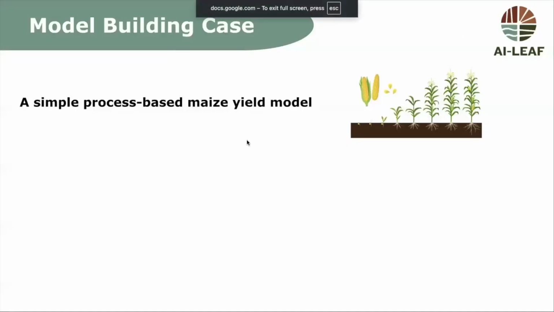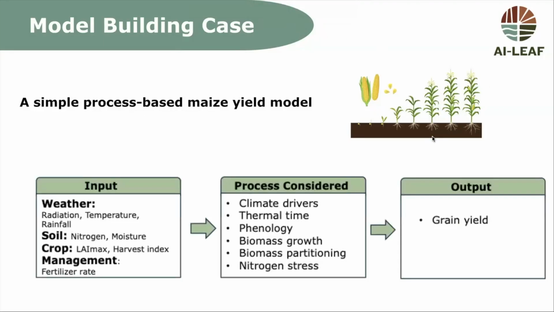Here, based on that knowledge, let's think about simple models and how we can understand the whole process. Just simple process-based models for maize yield. These are very simple structures for these models.